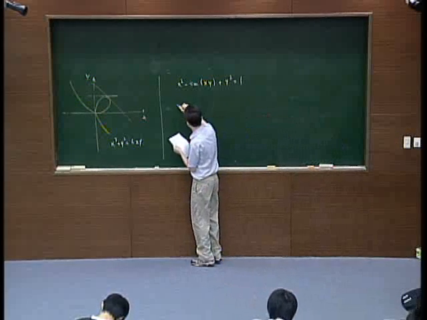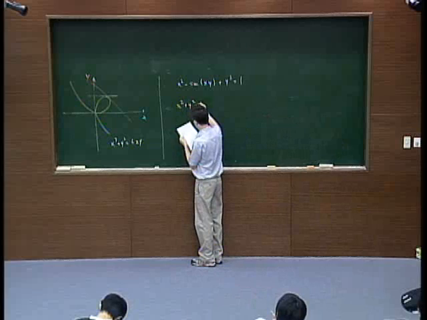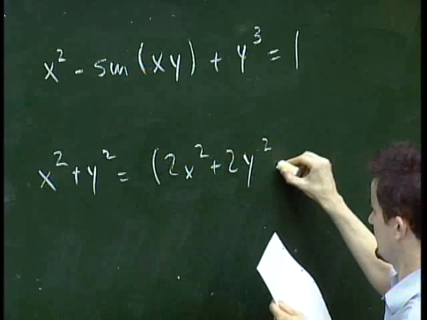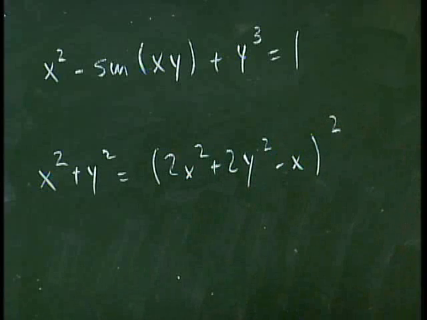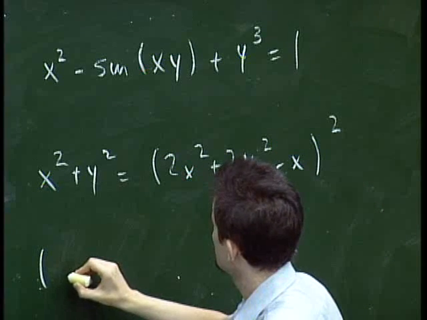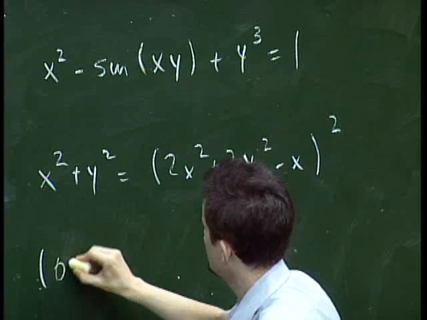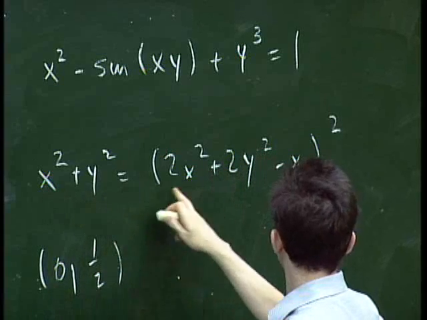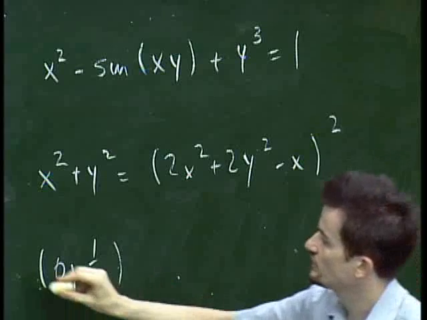Another function which is also quite interesting is this one. x squared plus y squared is equal to 2x squared plus 2y squared minus x squared. Also for this function, if you're interested, use, for instance, the point (0, 1/2); yes, (0, 1/2) is a point on this curve.